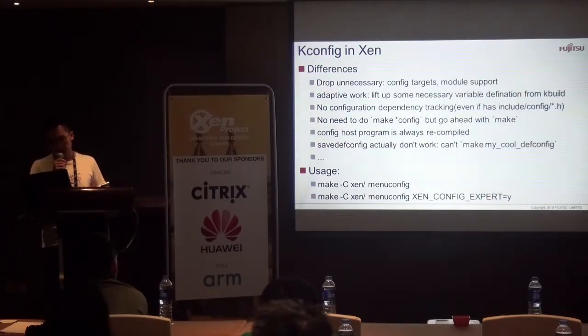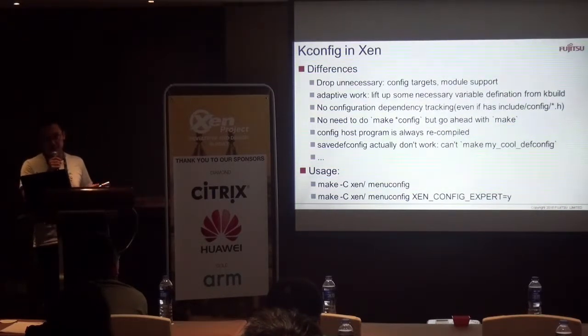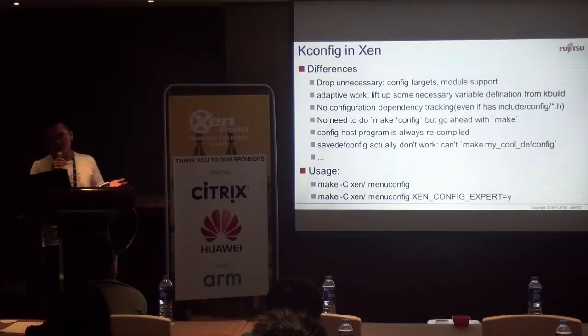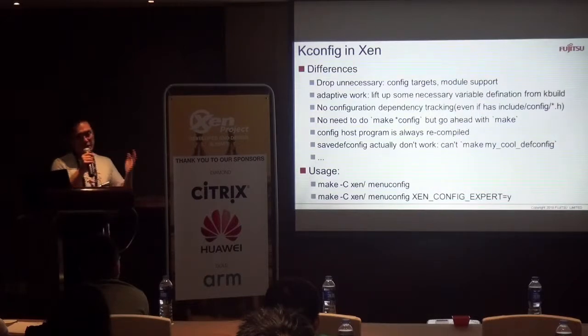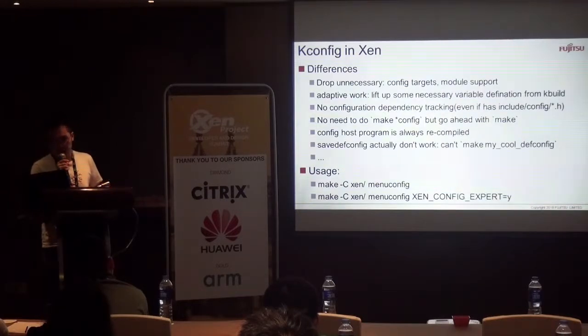And it needs some adaptive work, like lifting up some necessary variables from Kbuild to support the Kconfig work process. It actually doesn't have any configuration dependency tracking, even though it also generates those empty header files. And you don't need to do configuration explicitly, but just go with make, because it will do make defconfig in the makefile for you by default.